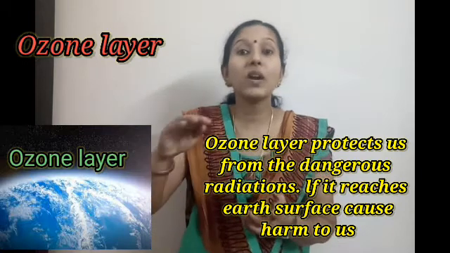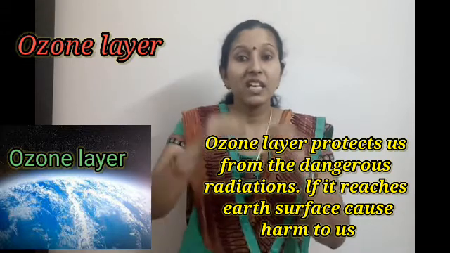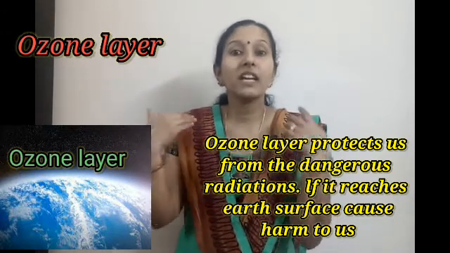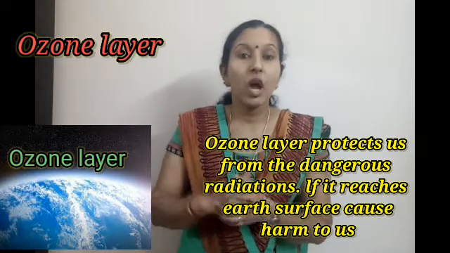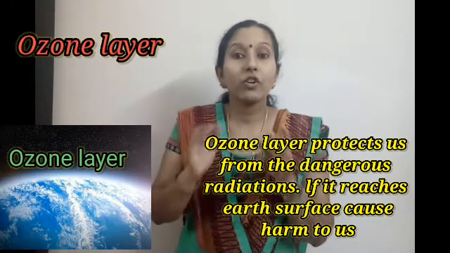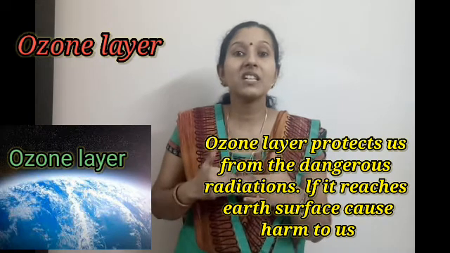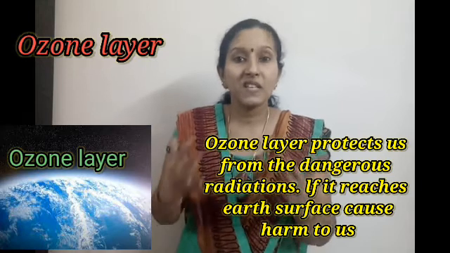So the ozone layer protects us from the ultraviolet radiations. If these ultraviolet radiations hit our body, we may get dangerous diseases like cancer. If these radiations hit our body, we may get severe diseases.